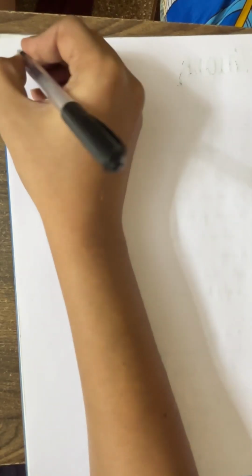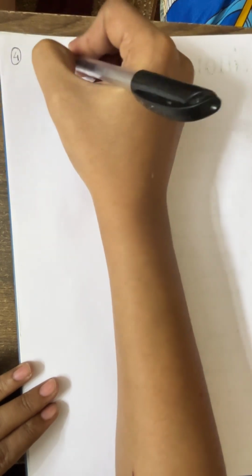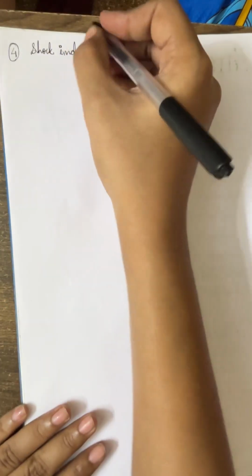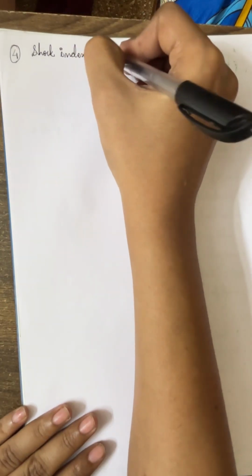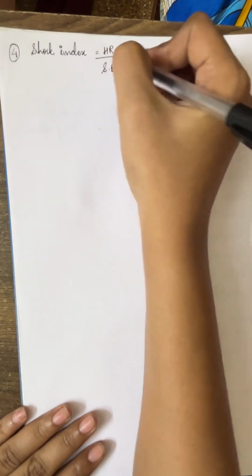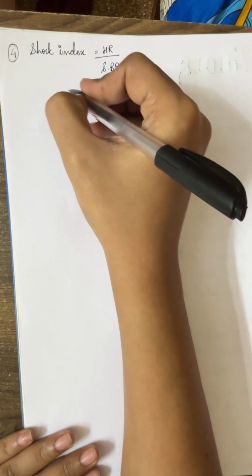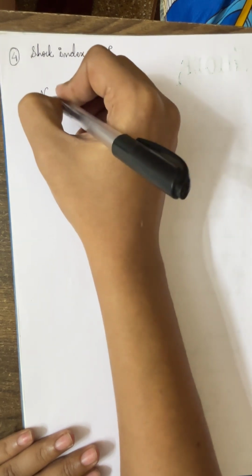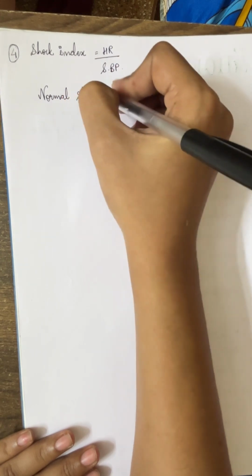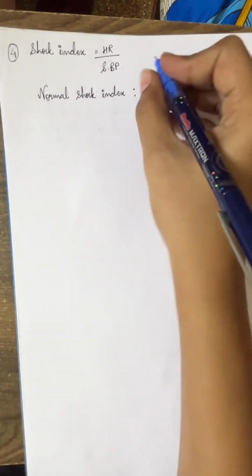Now the fourth one is, let's learn about shock index. The formula for shock index is heart rate upon systolic BP, and the normal shock index is 0.5 to 0.7.